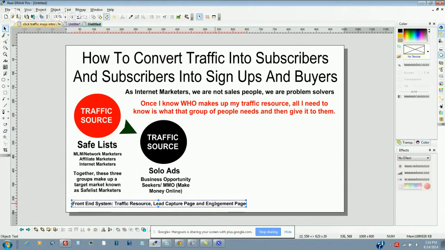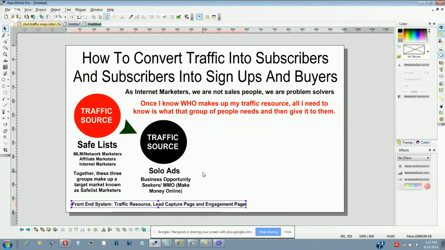Okay, that's your front end system. Your back end system is your autoresponder and your sales page or promotional page or workshop or webinar, whatever it is that you are driving the traffic to by communicating with the people who have given you their email address.